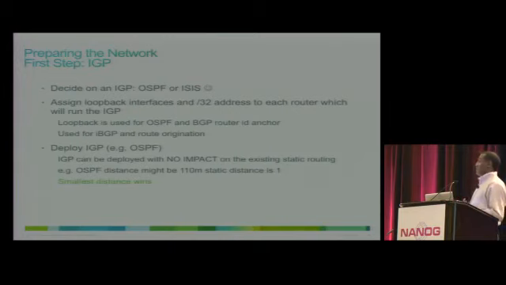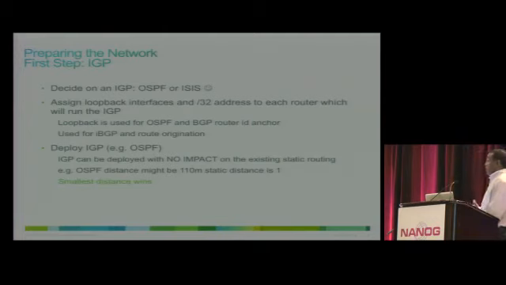The decision may be which protocol do I feel comfortable with, or which protocol my team knows the most, and you will go with that one, typically. Some people prefer IS-IS, some people prefer OSPF, so that's a different set of questions, but typically you will pick one of them.